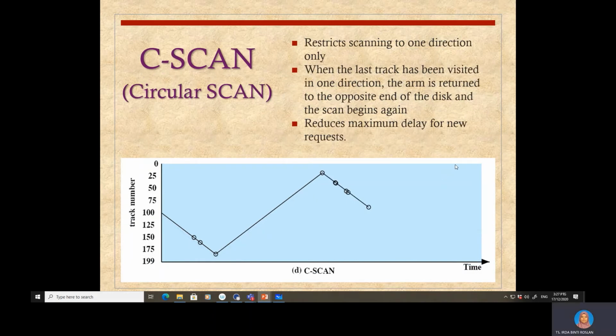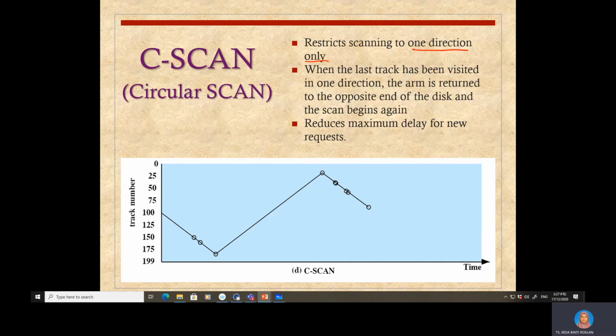Okay, finally for C-SCAN, circular scan. This one restricts scanning to one direction only. So if it's increasing, then it will fulfill all the increasing requests.